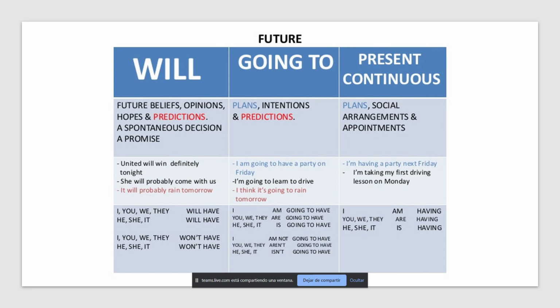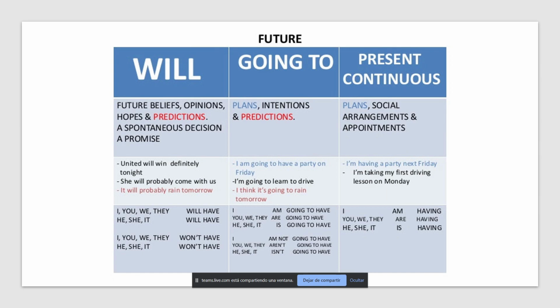And present continuous is for plans, social arrangements and appointments. For example, "I'm having a party next Friday and I'm taking my first driving lesson on Monday."